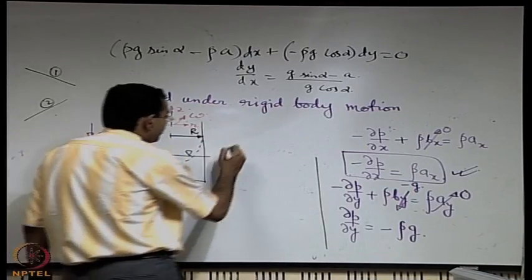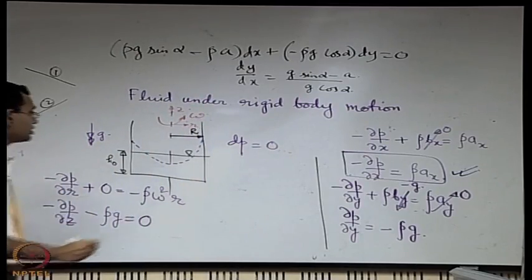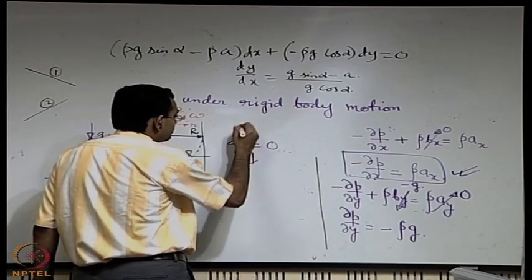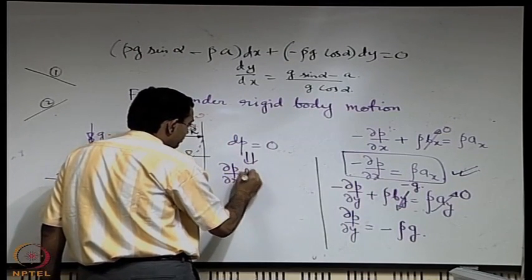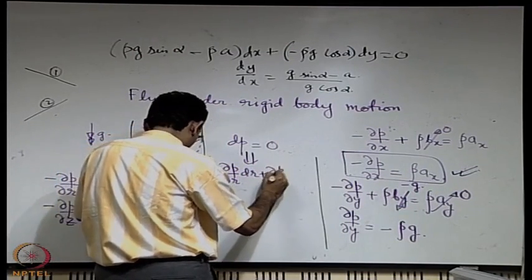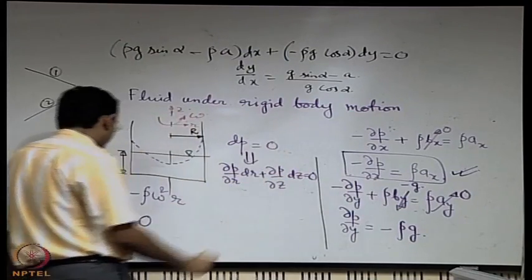So for the free surface you have dp equal to 0. When you have dp equal to 0, you have this equal to 0.